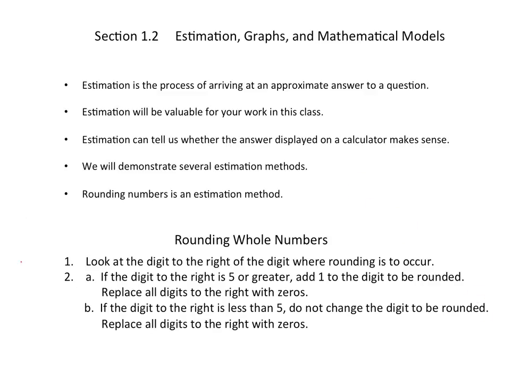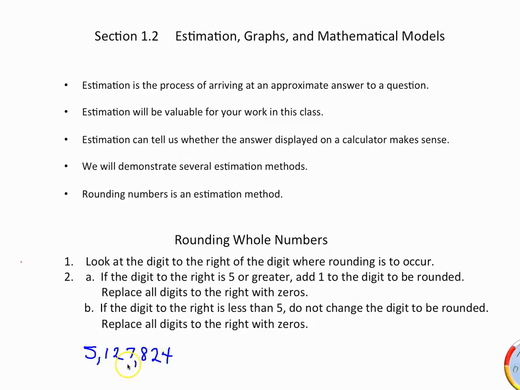So if we are going to talk about rounding numbers, first of all, let's get us a number up. Like, for example, let's say 5,127,824. If I want to round this number to the nearest thousand, first of all, I have to know where that digit is.